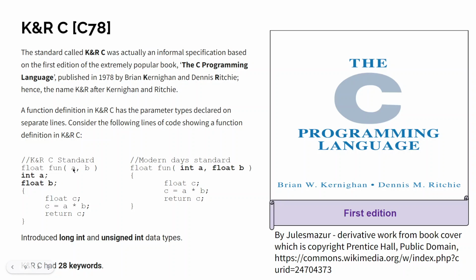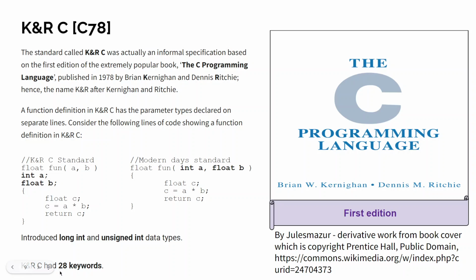To declare the data types, we would write here int a; float b. This was the K&R C standard. But in the present days, we can declare them inside the brackets directly. Long integer and unsigned integer data types were introduced in K&R C, that is the C78 standard.